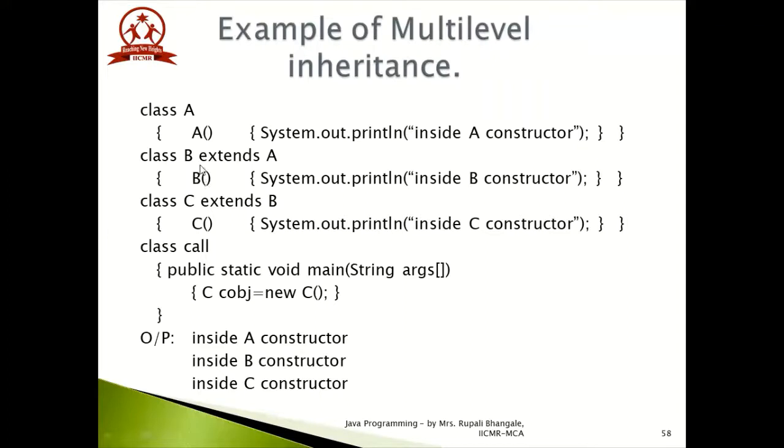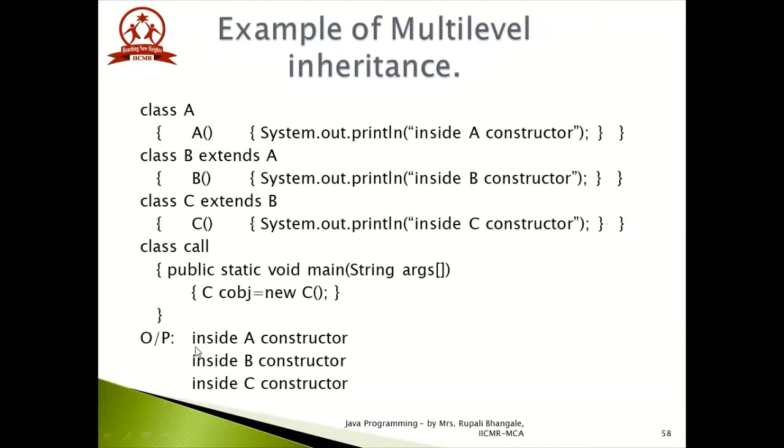Now B will be checked whether it is extending another class. Yes, B is also extending A. So the A class no-arg constructor will be invoked, and your control will be transferred to A's constructor. Thus, though we have not yet created the object of A, nor called the parameterized or no-arg constructor of A, the JVM will search for the superclass constructor first and then execute the child class constructor.